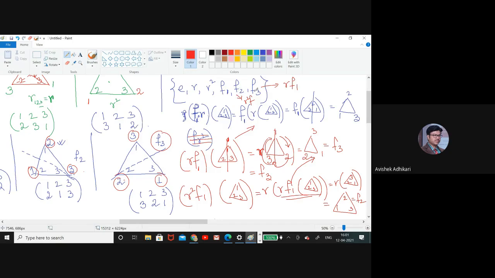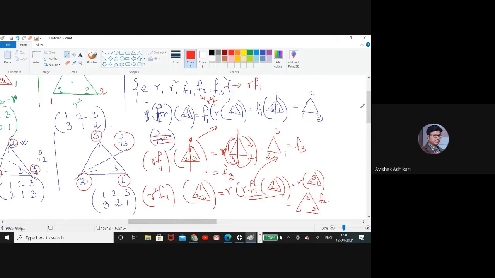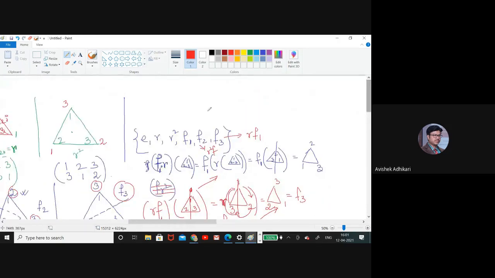Okay. So now you see that I can now write this set as E, R, R square F1. This is nothing but R square F1, and this is nothing but R F1, right?